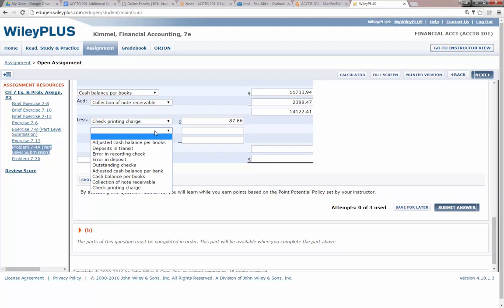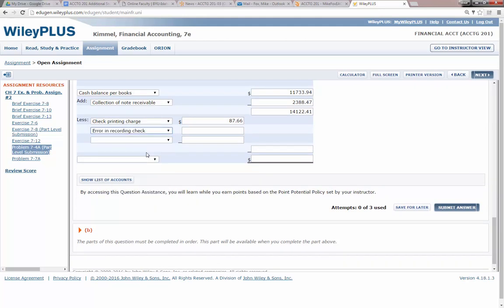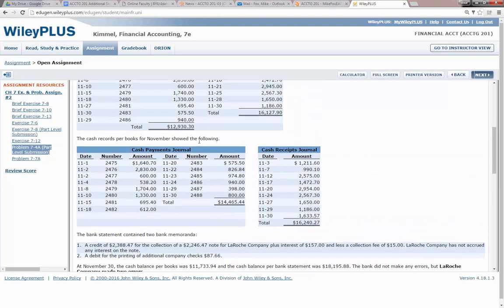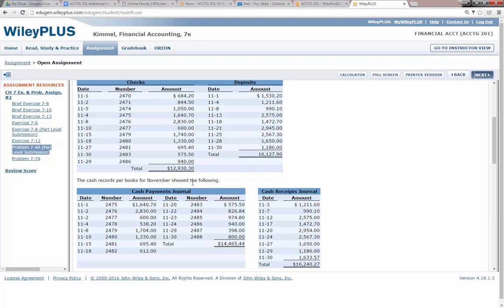So we're going to call this error in recording check. It was $36. Look for another error. Again, we just have to compare all of these different things until we find where there's a mistake. Here we see on 11/21, we have $29.45 as our deposit, and in our journal we recorded $29.54.